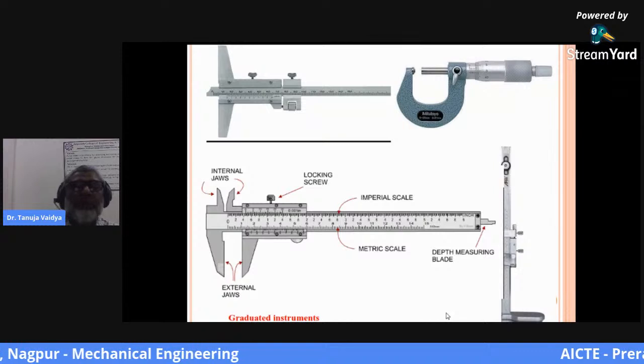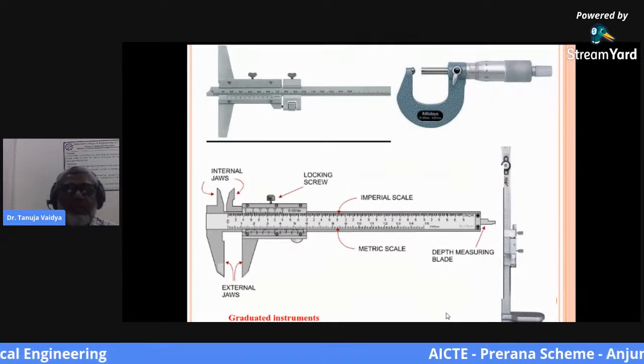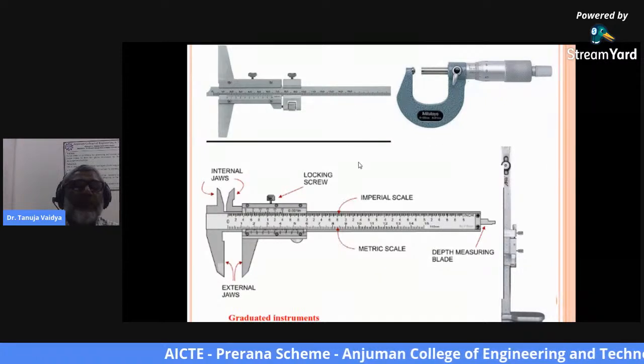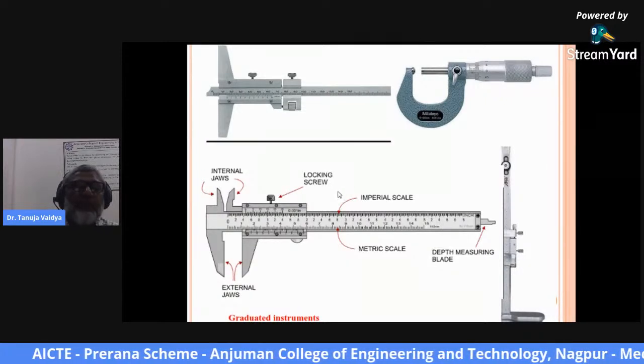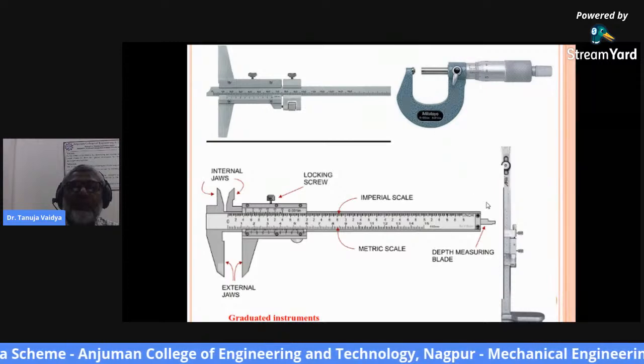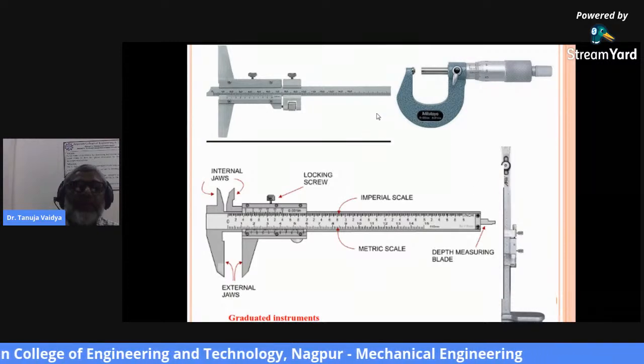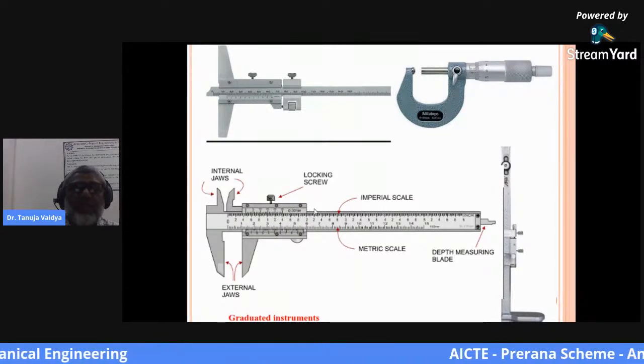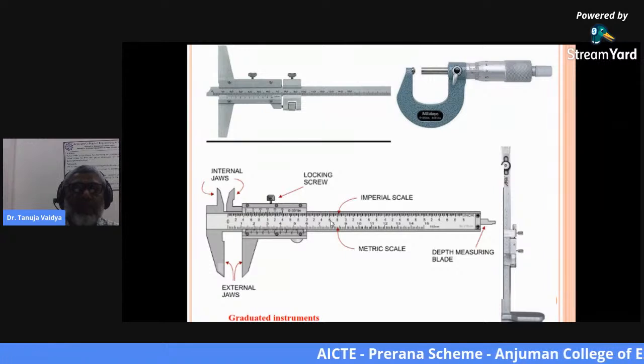These are some of the graduated instruments. Here you can see this is a vernier caliper, this is a micrometer, this is your height gauge, this is your depth gauge. They have graduation. Here you can see that the upper scale shows imperial values and the lower one shows the metric value.